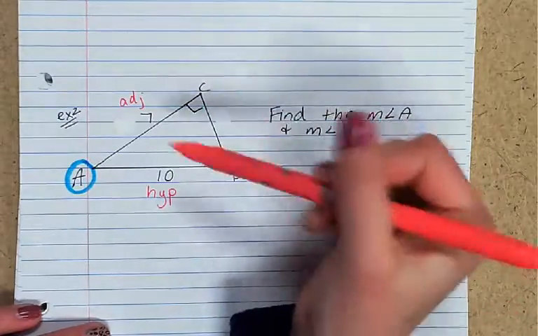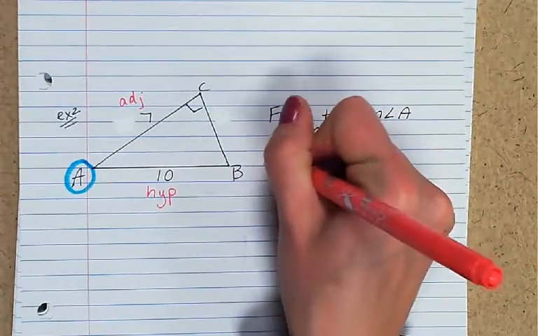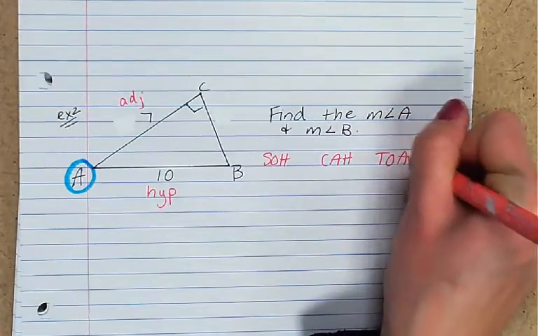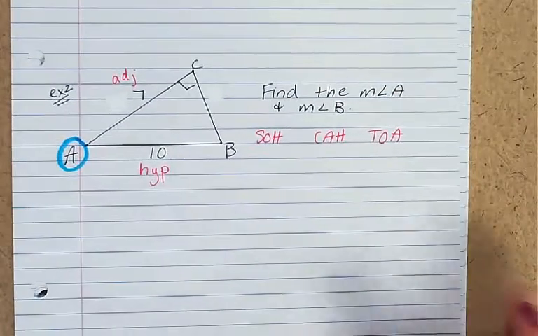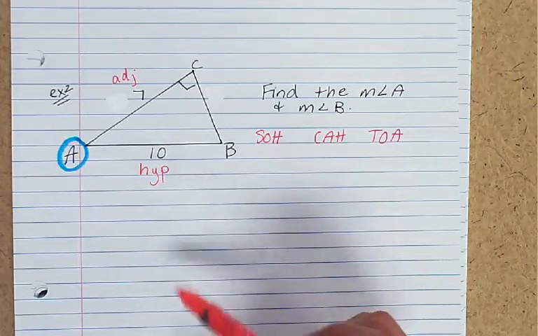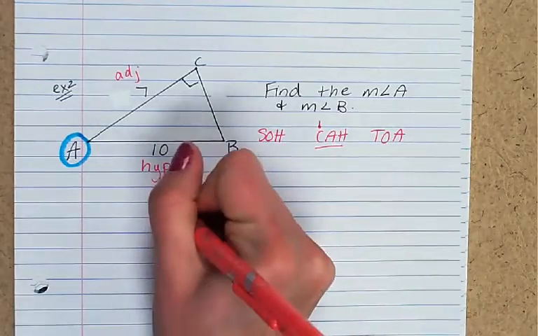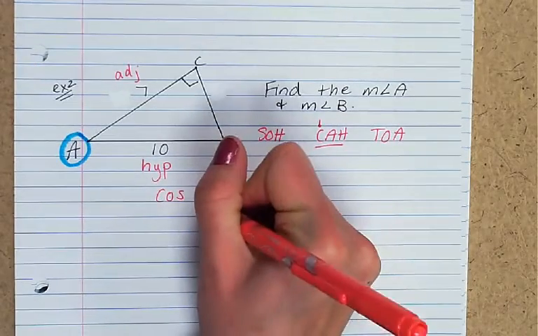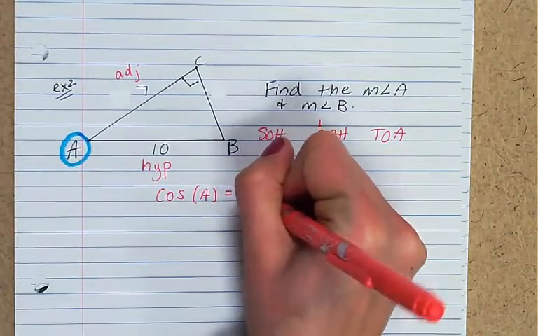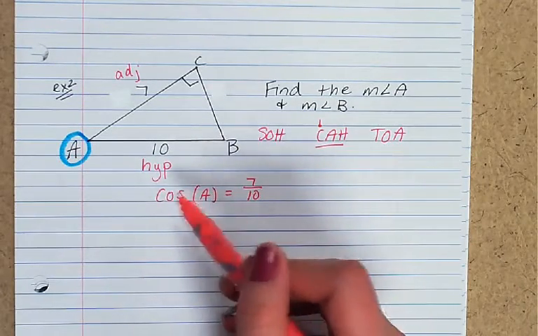I was given values for the adjacent and the hypotenuse. So we have to decide how to set up the trig ratio first. Which of these three has the A and the H? This one. So I'm going to use cosine. Cosine of angle A equals adjacent over hypotenuse.